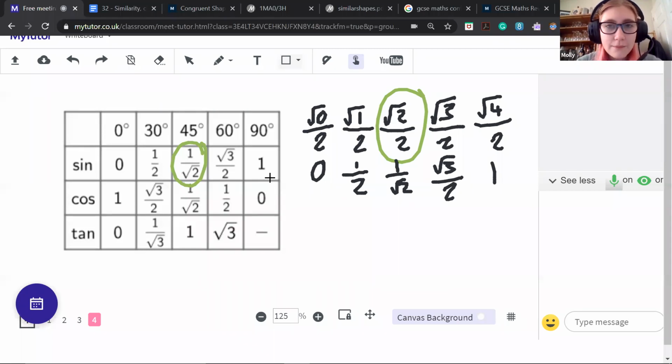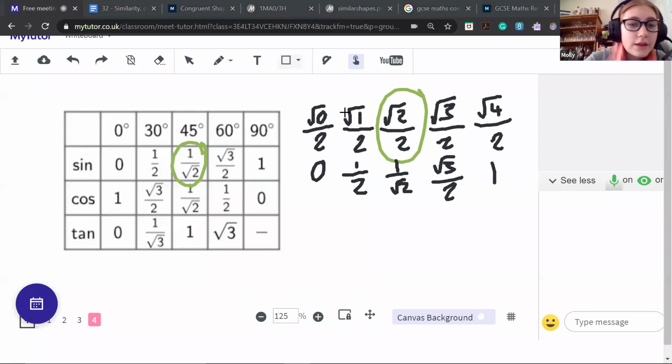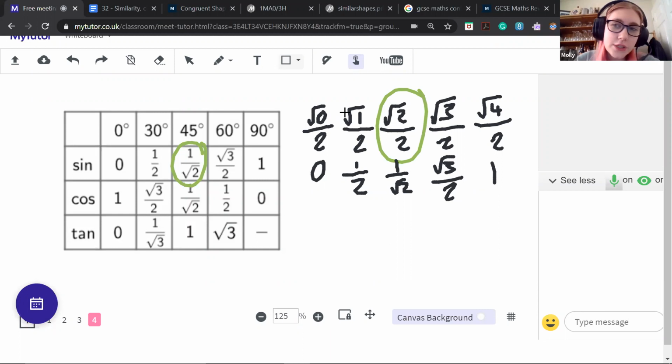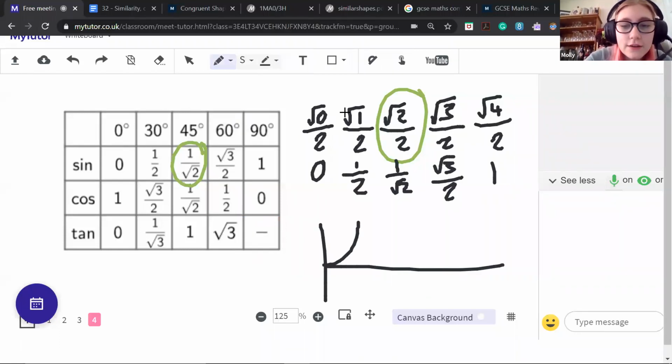And then for tan, these ones are a bit trickier. This you kind of do just have to remember. I always remember tan 0 is 0 and 45 is 1. Those are just ones that I remember. And that 90 is undefined. And you can remember this from what our tan graph looks like.